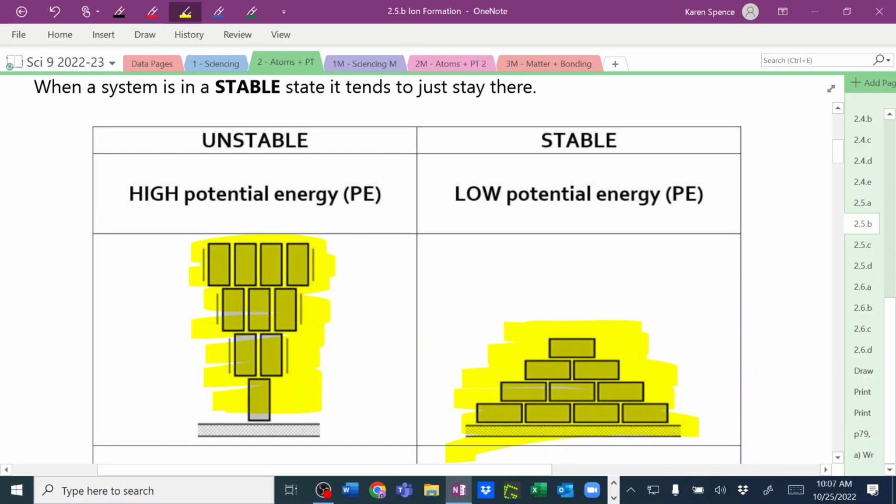Now there's another way of saying stable and unstable, and that's to refer to their potential energy. Have you heard the word potential energy before? Do we know what potential energy is? Try to describe it to your partner. If you are unable, don't worry, we will define it in a moment.